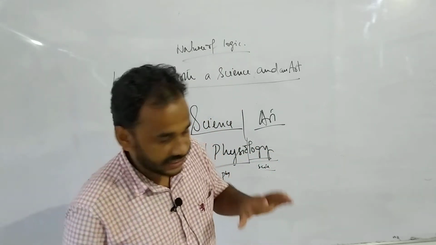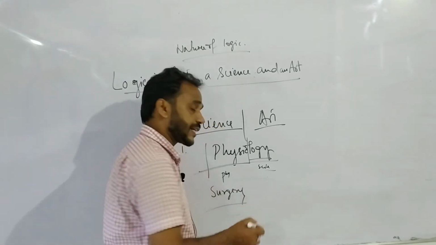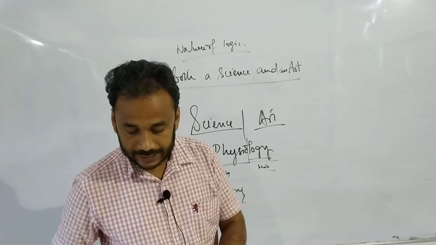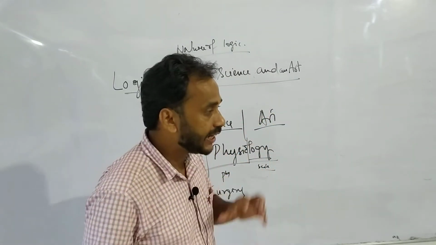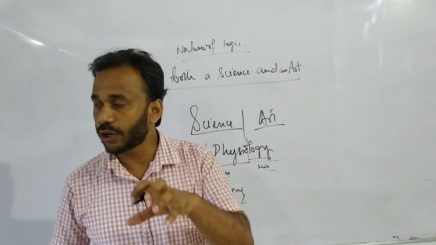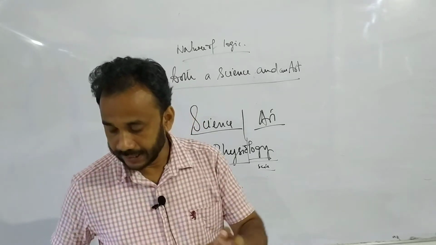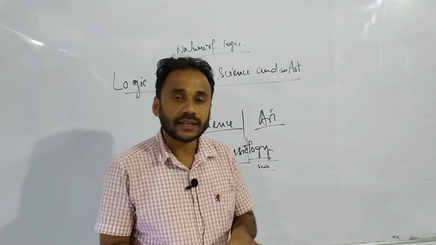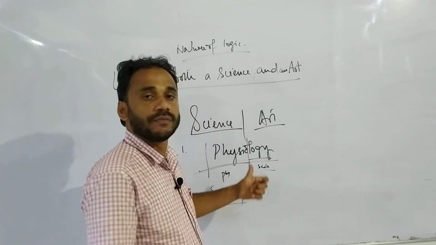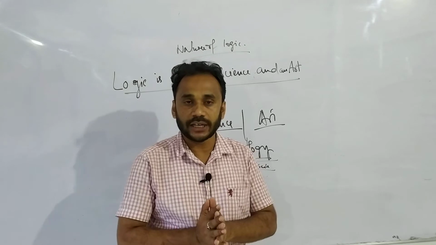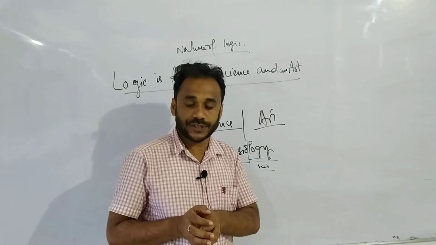But surgery is an art. How? The knowledge obtained from physiology is applied in actual practice in order to cure the patients. So physiology is a science; it gives us knowledge of the position, structure and functions of the different parts of the body. Surgery is an art, because the knowledge obtained from physiology is applied in actual practice in order to cure the patients.